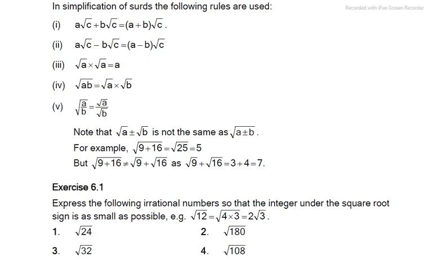So if you take out the common factor, which is root c, then you remain with a plus b in bracket, giving us a plus b root c. The same applies for subtraction. Still, we shall take the common factor out, which is root c, and we remain with a minus b in the bracket.